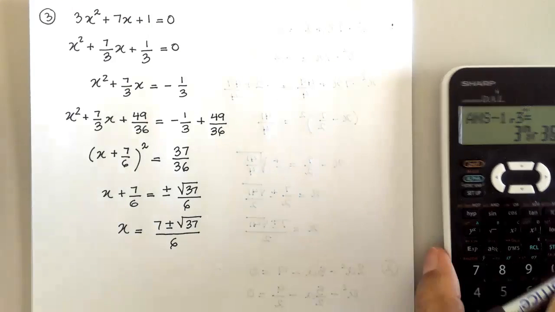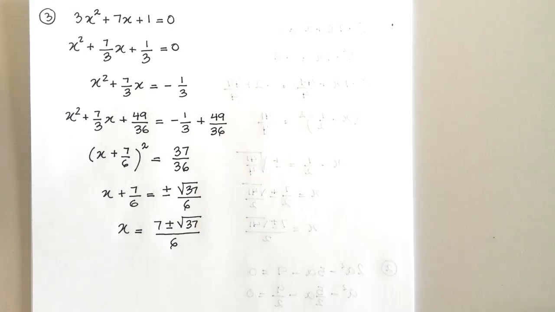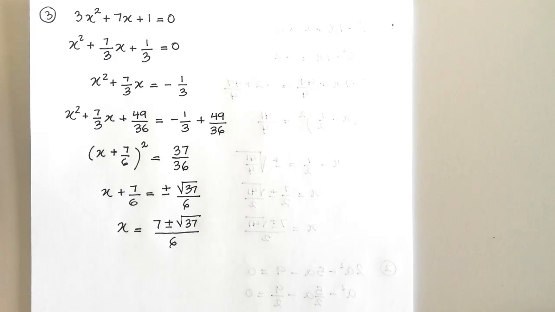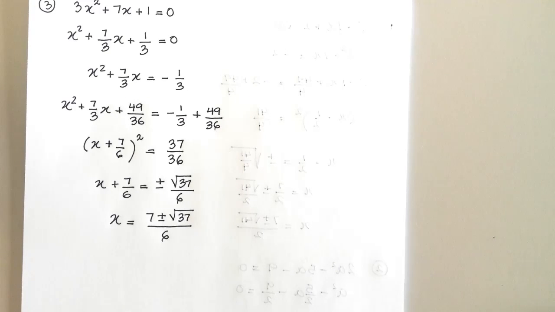All right, so that means that solving non-monic quadratic equation using completing the square is still possible. Okay, but the other thing is you have to change it to a monic and then go from there.